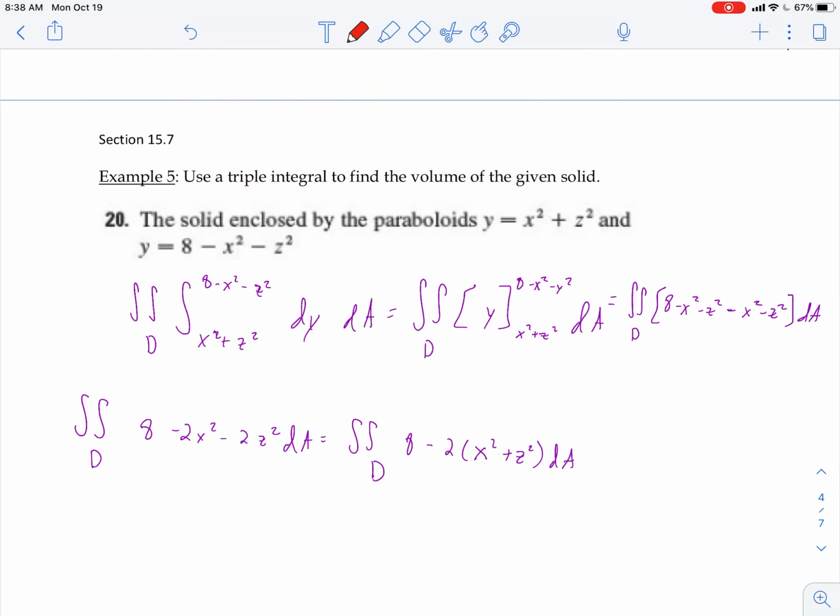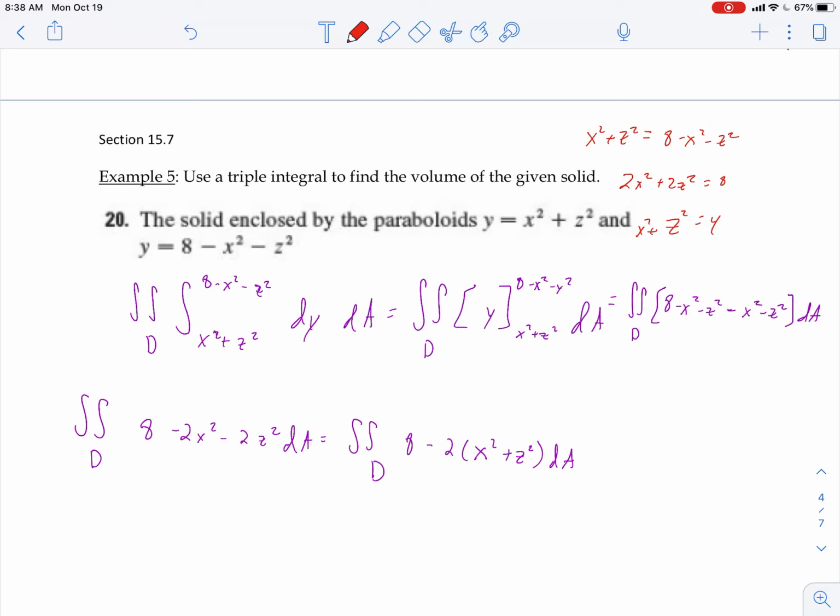Now let's look at the intersection between our two paraboloids. Let's set the two equal to each other: x squared plus z squared is equal to 8 minus x squared minus z squared. Bring the x squareds and z squareds over and we get 2x squared plus 2z squared equals 8.